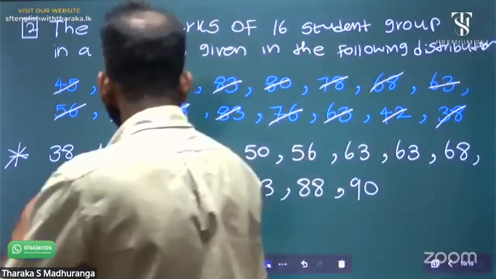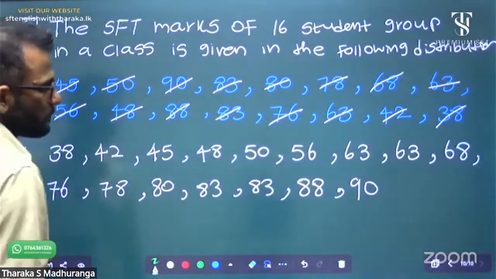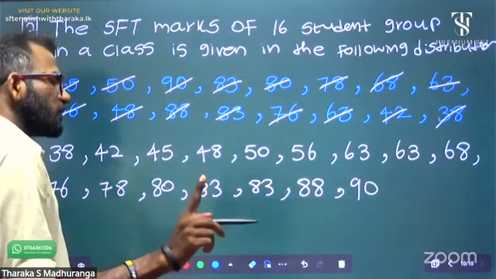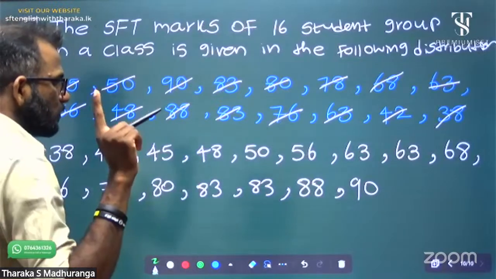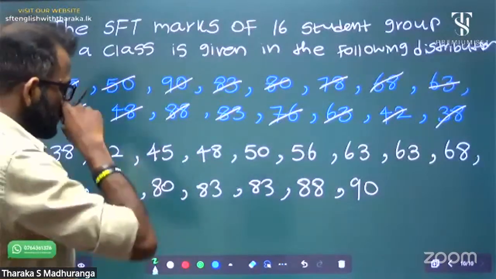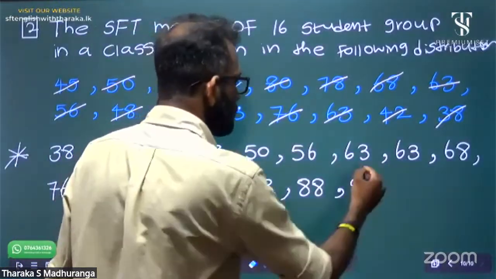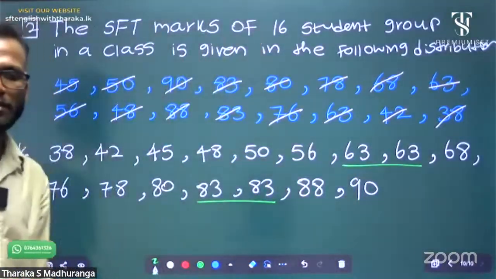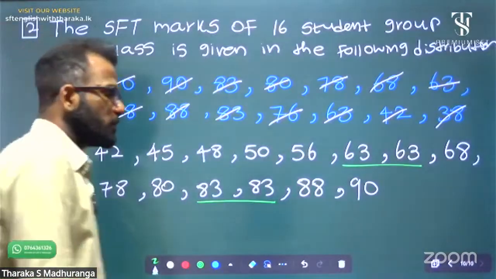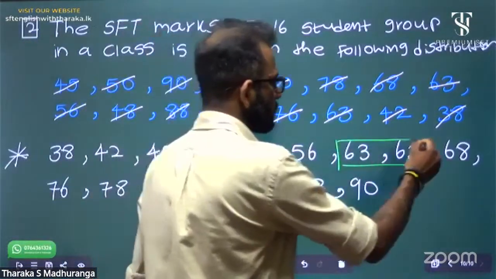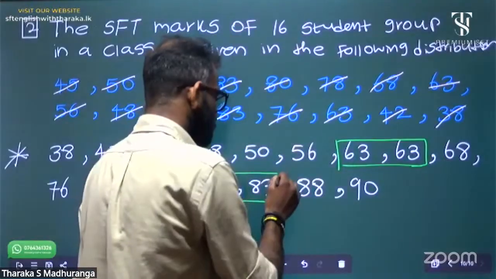Good. 2 mode values. Okay, the first question answer: 63 and 83 is the answer.